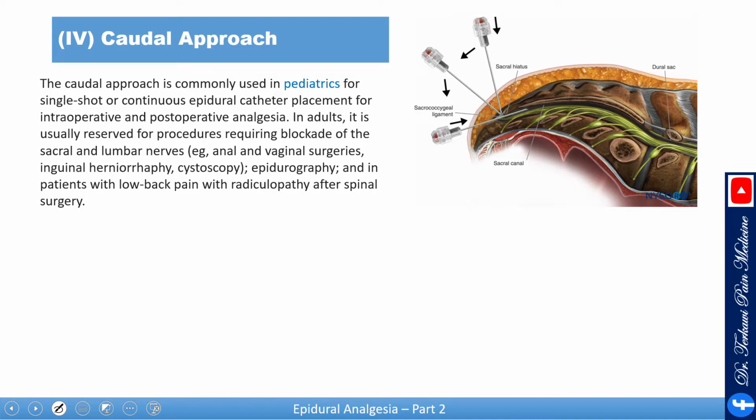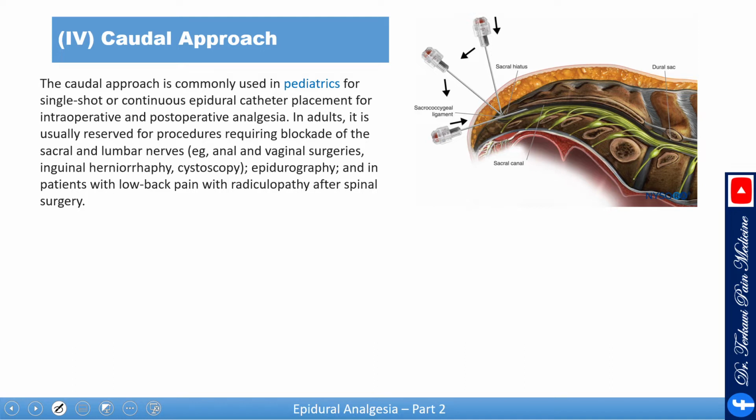In adults, it is usually reserved for procedures requiring blockade of the sacral and lumbar nerves, like anal and vaginal surgeries, inguinal hernia, cystoscopy, and in patients with low back pain with radiculopathy after spinal surgery, or patients with previous spine surgery with instrumentation who you expect to have adhesions in the epidural space.